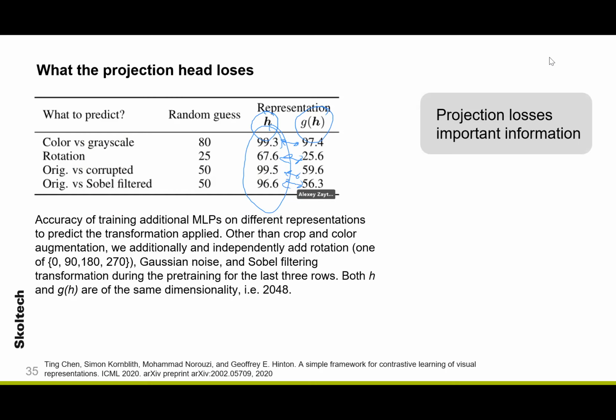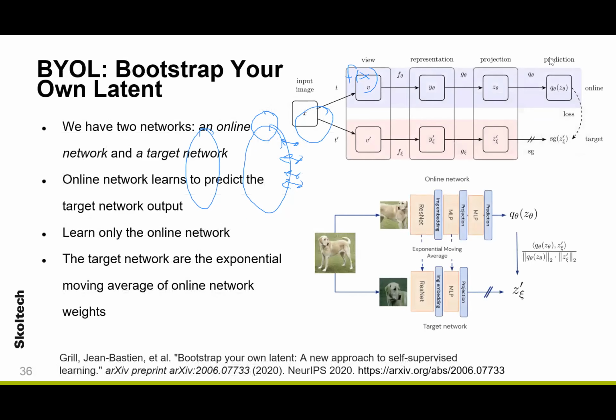When you compare with random guess, the projection is quite close to random guess. And the embedding f(x) before the projection head is much better than the projection head and random guess, so we definitely need it. And we have some explanation for why we need these projection heads.